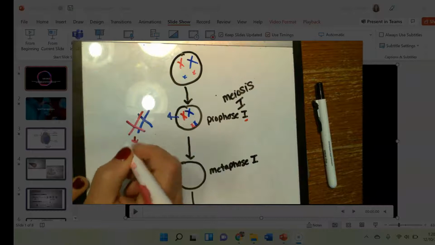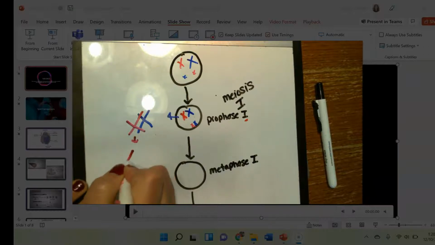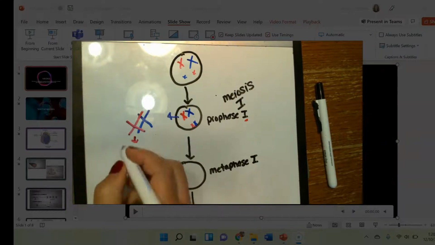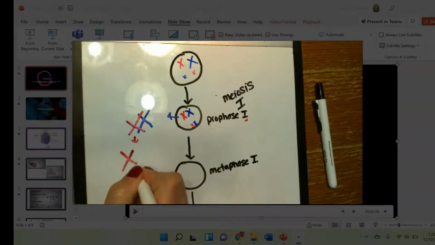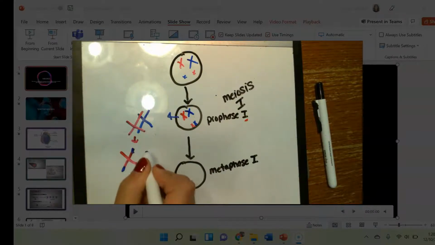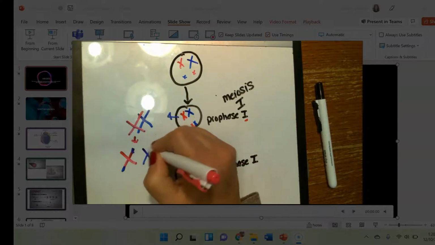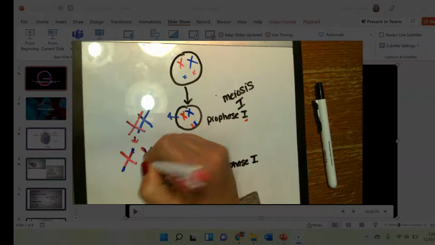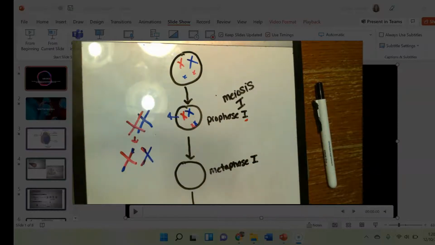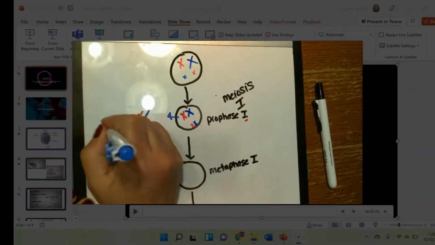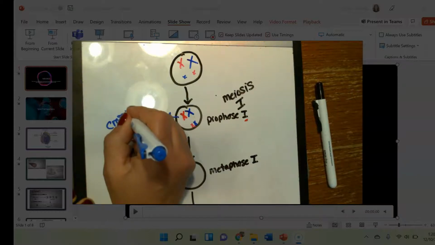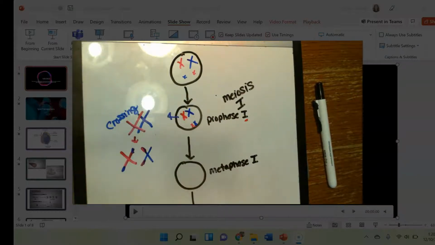So we're going to end up with a chromosome that's going to look like this. We'll put the blue right here and the blue right there, and then we've got this chromosome over here that's going to look like this because it's going to swap this genetic material. Okay, so this is called crossing over, and it happens during prophase I.